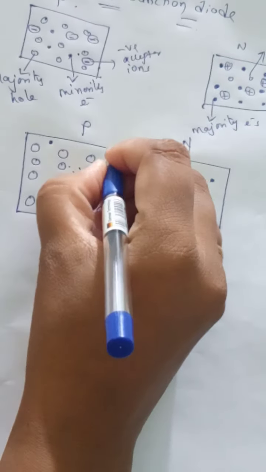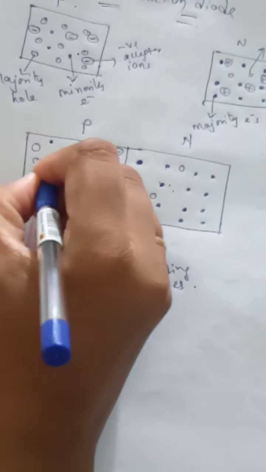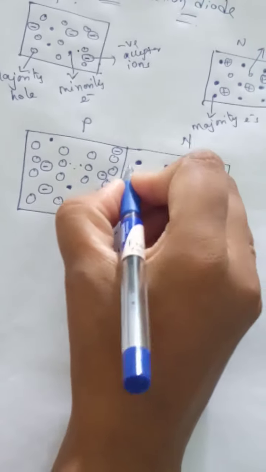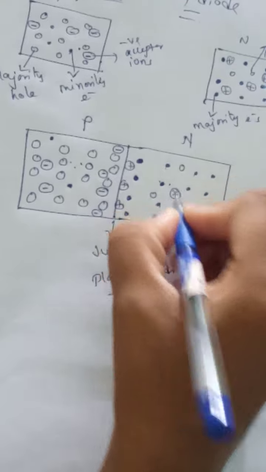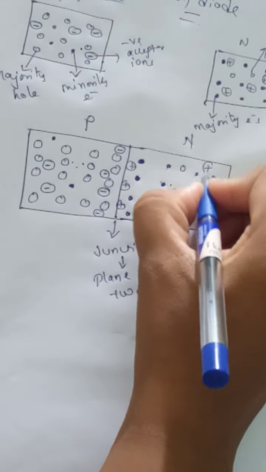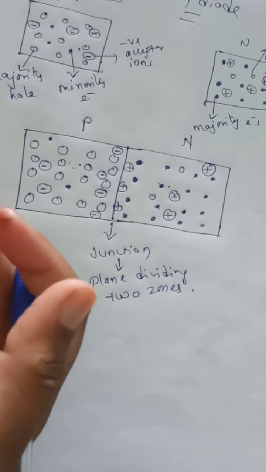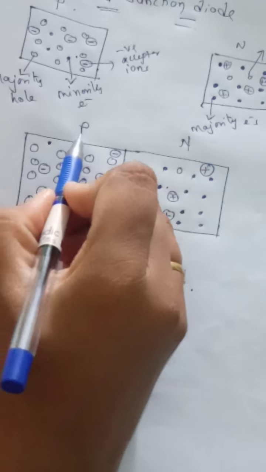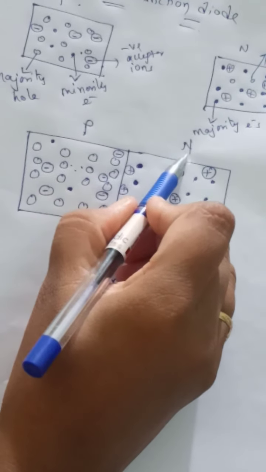We also have negative immobile ions in p-type, and positive immobile ions in n-type.